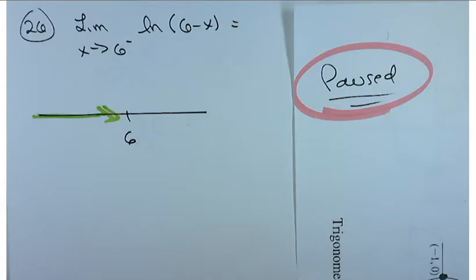Let's hit zoom 0. Let's see what that is. Okay. So there is x equals 6.